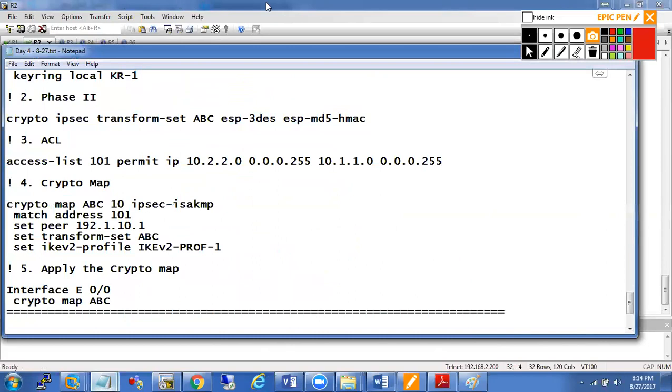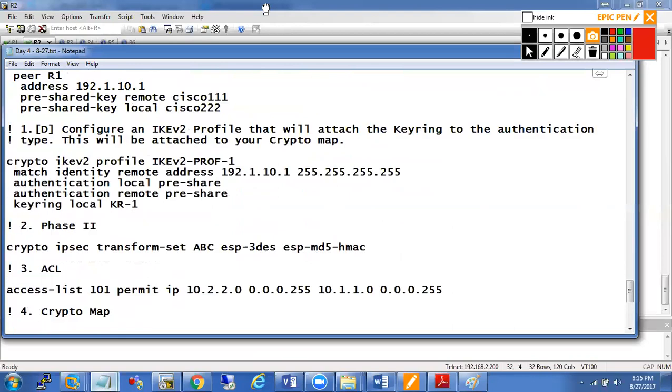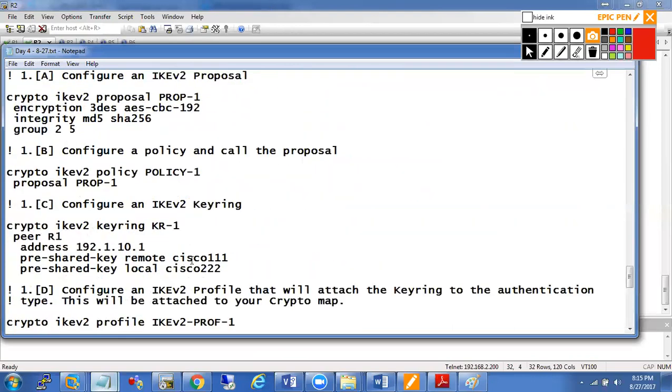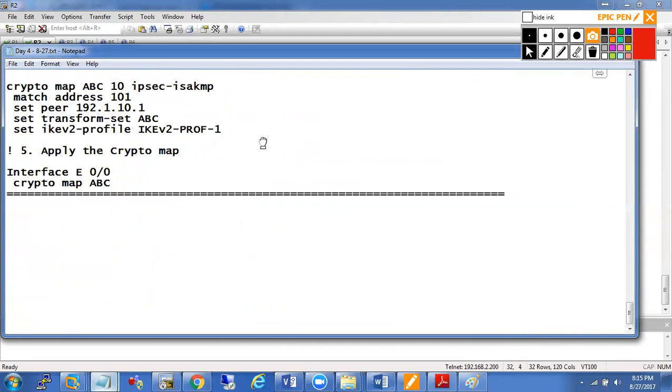It would be the same thing if I had to set up a CS server. The only difference is I would have to specify the authentication as RSA-SIG. Same concept though. Nothing changes over here. This is done.